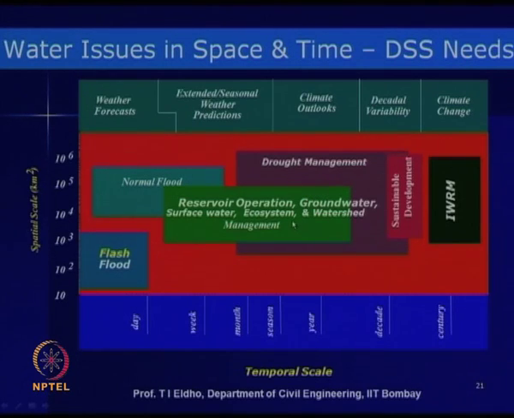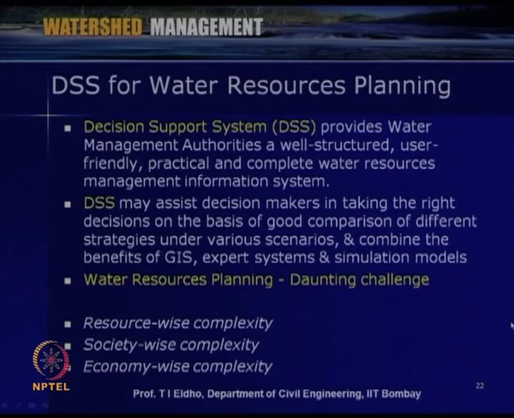So, in a nutshell we can say that when we deal with especially water related or watershed related problems, decision support system is very essential, since we have to evaluate various plans, various scenarios, and then we can come up with appropriate outcome. So, that way decision support systems will be very useful to deal with water related issues, water resource management or watershed management plans.